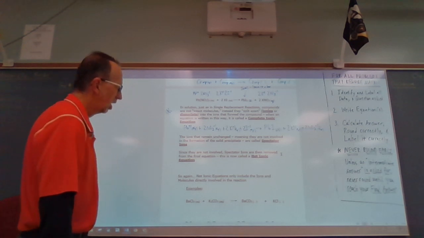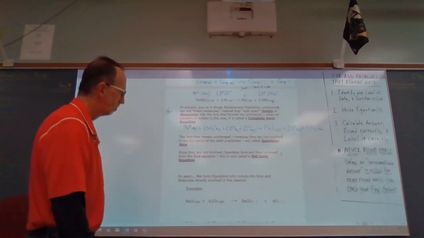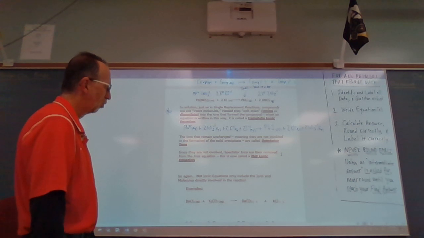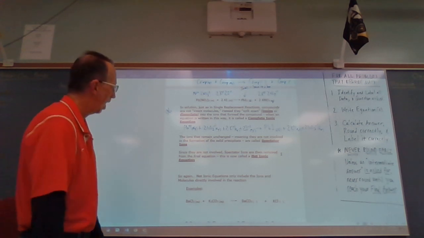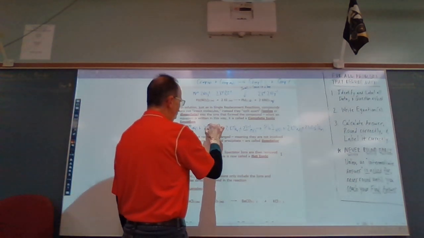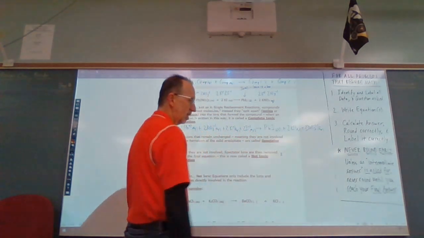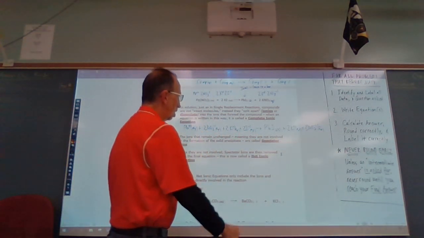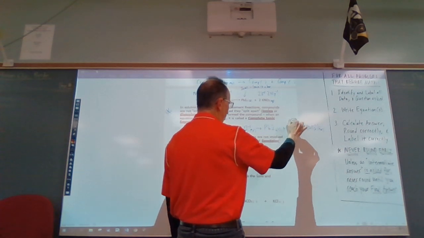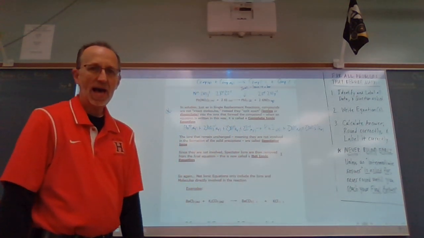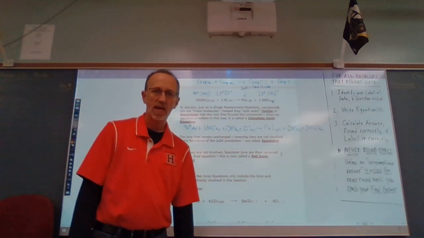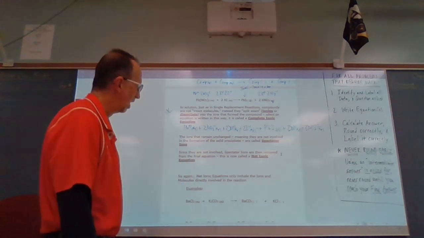They're not involved in the formation of the solid precipitate. Since they're not involved, we are going to remove them, all right? So let's see. 2NO3 minus 1 on both sides of the equation, out. 2K plus 1 AQ on both sides of the equation, out, all right? They're exactly the same on the left and on the right.